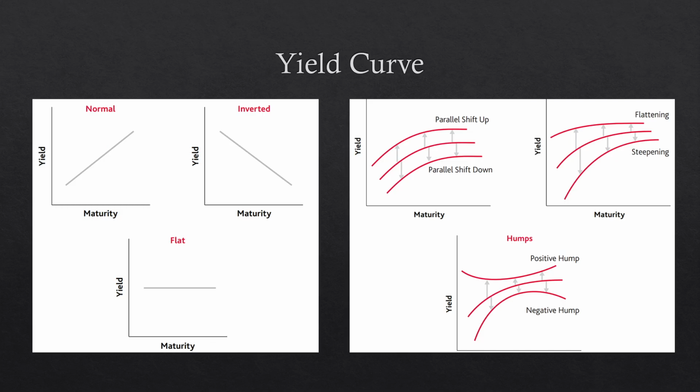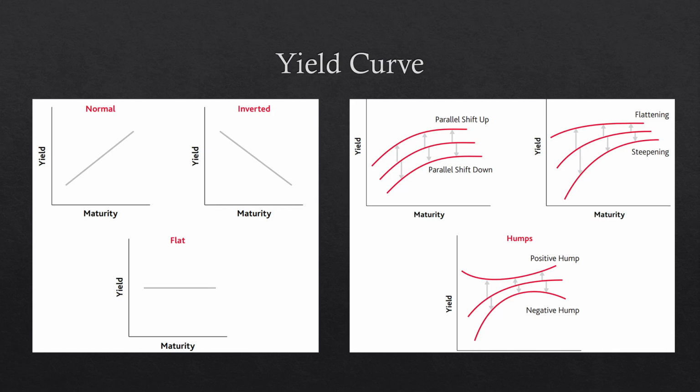Now, the yield curve. This is something that is quite important for bonds. Right now, we are actually in an inverted yield curve. So you can see that the yield is higher for the shorter term maturities. The reason for that is because the expectation is that interest rates are going to go down in the future. Normally you have a normal yield curve where you get a higher yield for locking in for a longer maturity.